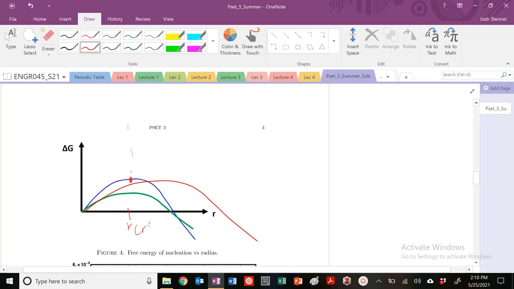I know that on this side, I'm going to grow. Why? Because if I move further to the right, my slope is decreasing. A spontaneous reaction is when d delta G dr is less than 0, so the change in my free energy decreases. If I go here, it actually increases, so on this side, I'm going to shrink.